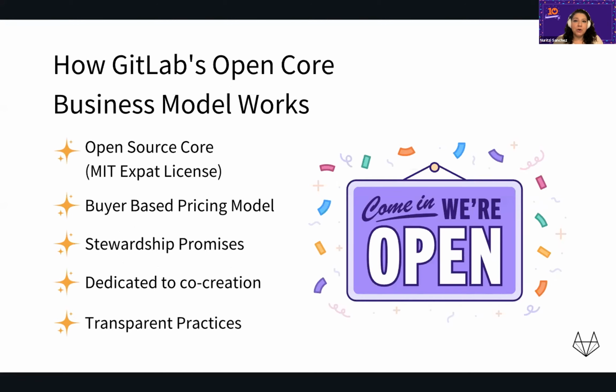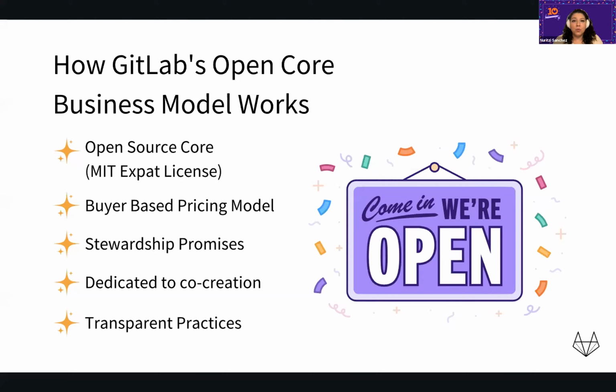First, the open core that I mentioned is published under an open source license called the MIT Expat license. We have a buyer-based pricing model that helps us figure out where to add features and into what tier. I'll go into this in more detail in just a few slides.